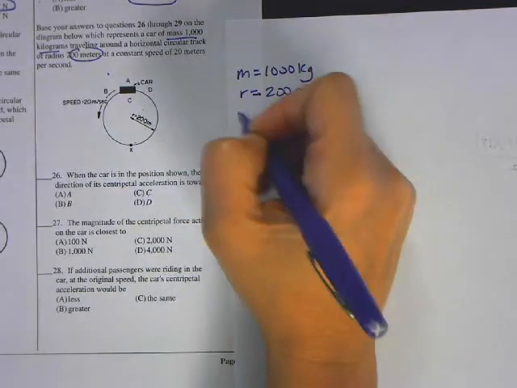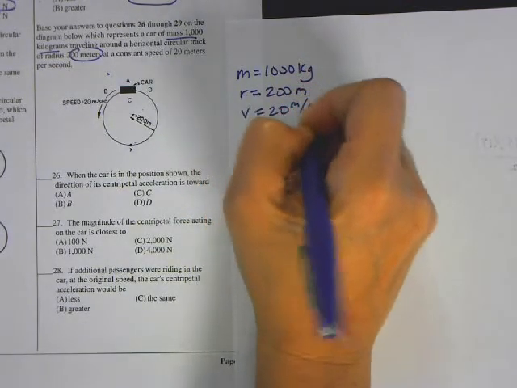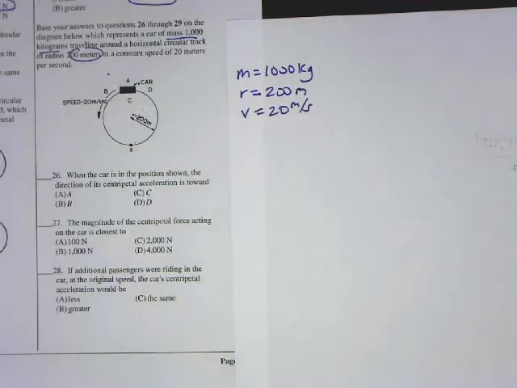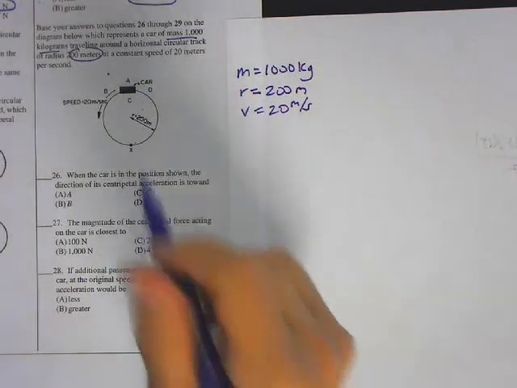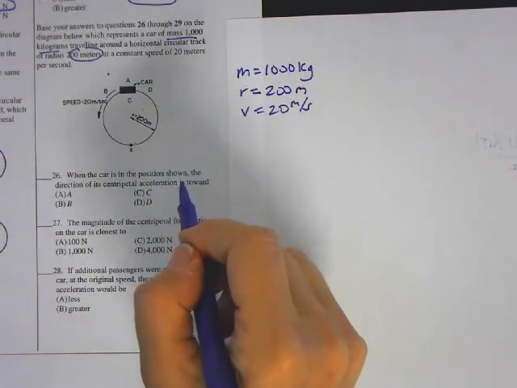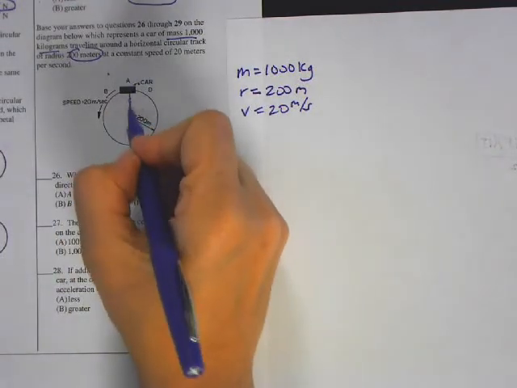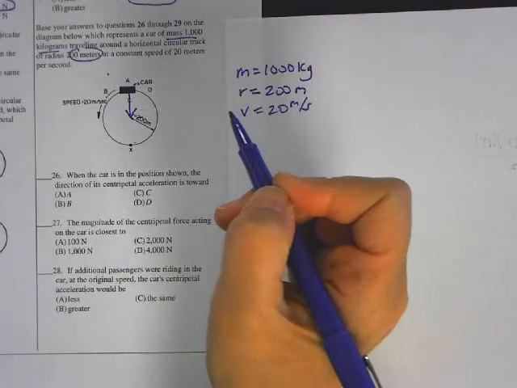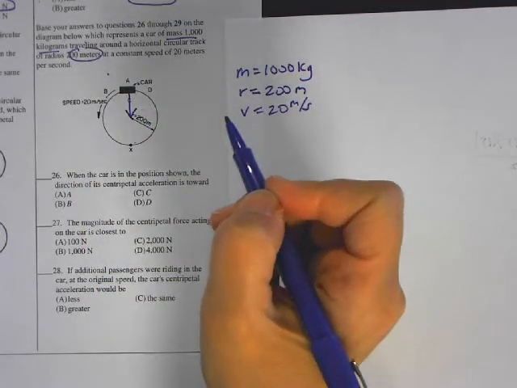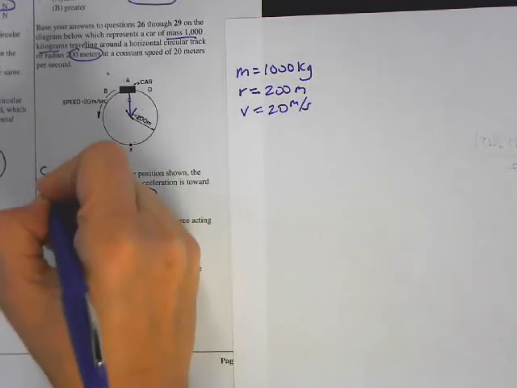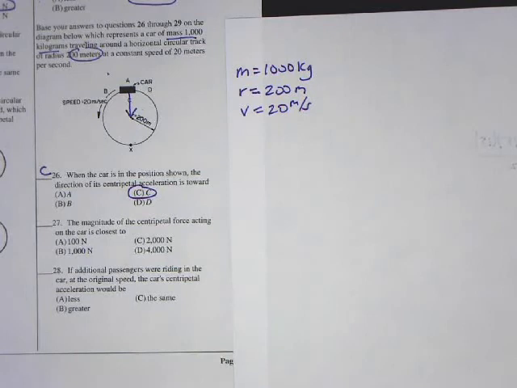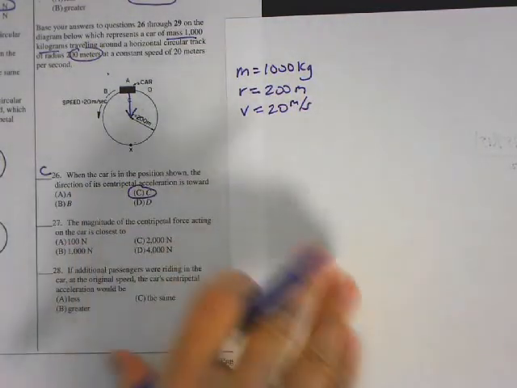Number 26 says when the car is in the position as shown, the direction of the centripetal acceleration. The centripetal acceleration always acts towards the center. So the answer is C. The magnitude of centripetal force is number 27. So I'm going to write my equation. Centripetal force is equal to mv squared over r.